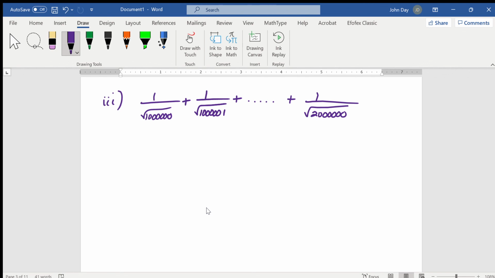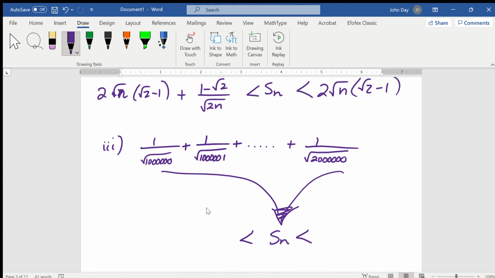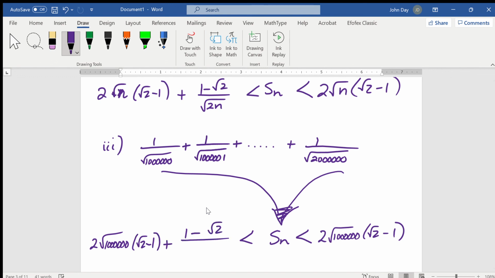That's our Sn. And that's going to be in between, and we should just be able to have that at the top of the page here. That's going to be between 2 root 1 million root 2 minus 1, and over here 2 root 1 million root 2 minus 1 plus 1 minus root 2 over root 2 times 1 million, or 2 million.